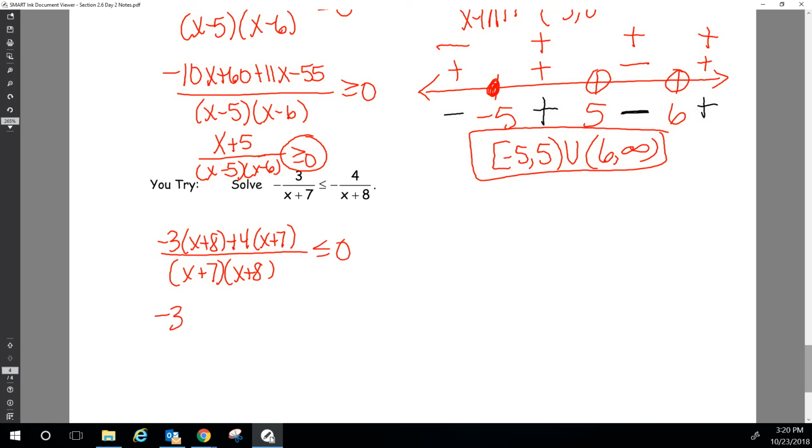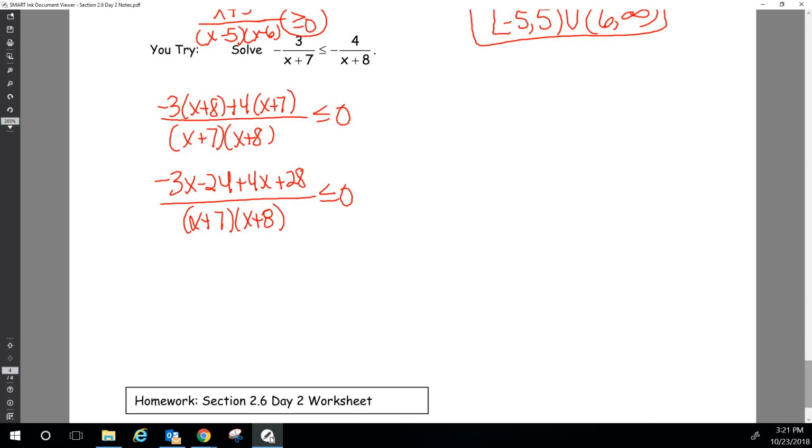Distributing it, I get negative 3x minus 24 plus 4x plus 28 all over the common denominator. Combining our like terms, negative 3x plus 4x would be x. 28 minus 24 is 4 all over x plus 7, x plus 8.